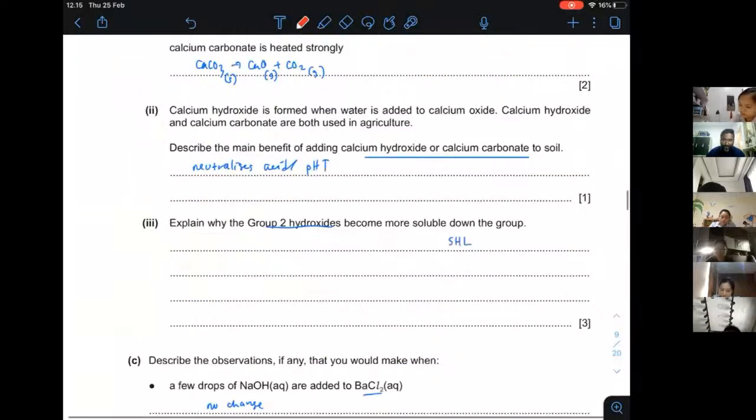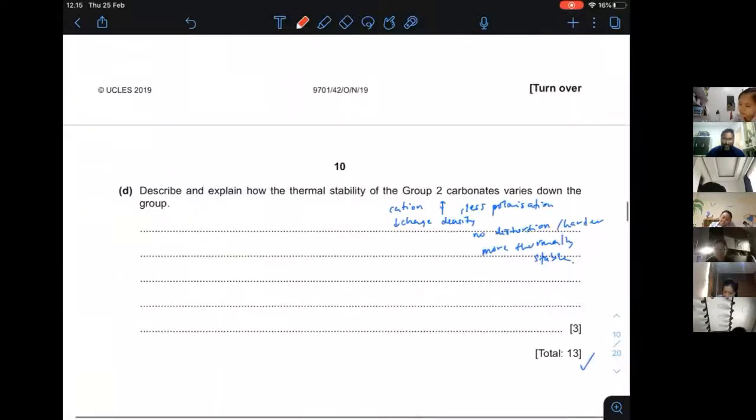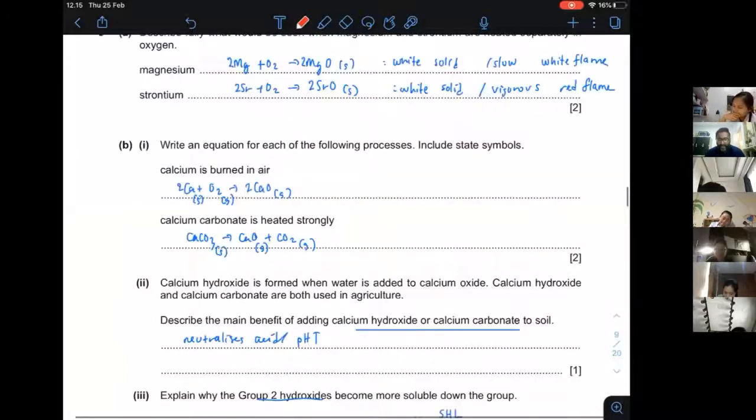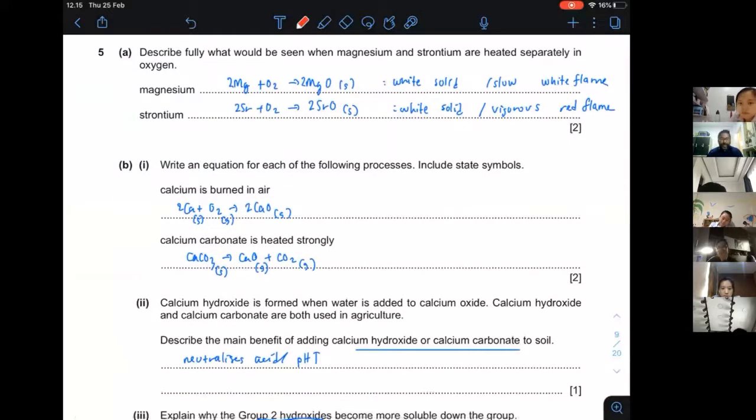Completely today. Now, for number 5: describe fully what will be seen when magnesium and strontium are heated separately in oxygen. Now, this is an AS concept. Gabriela Nicole was asking whether we cannot say decrease in randomness.